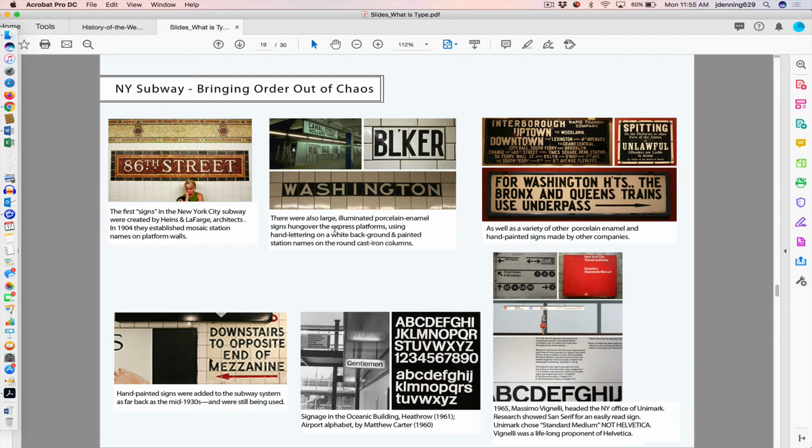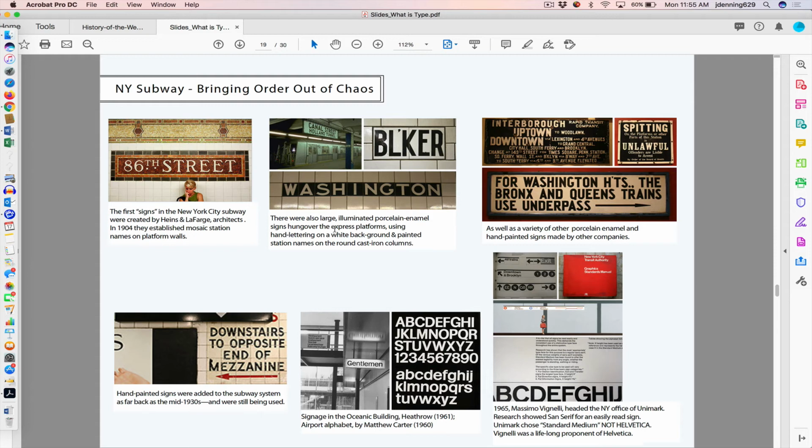But the problem was they were chaotic. There were so many different styles and variety that it was really hard to navigate the subway. And even though these signs are really beautiful and interesting and bring us back to our history, there was this real need to redesign and make the subway a lot more consistent.